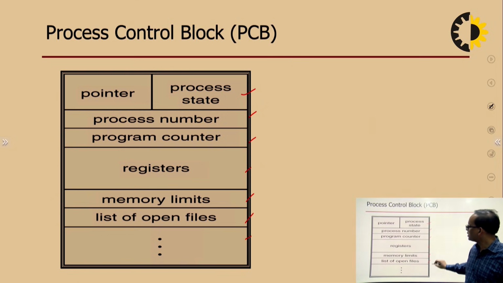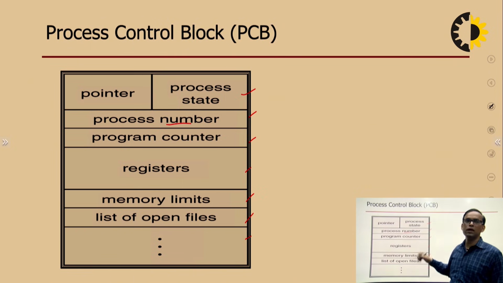So what is the process control block? It acts as a data structure which contains information about different attributes, or you can say the complete general information about a particular process.